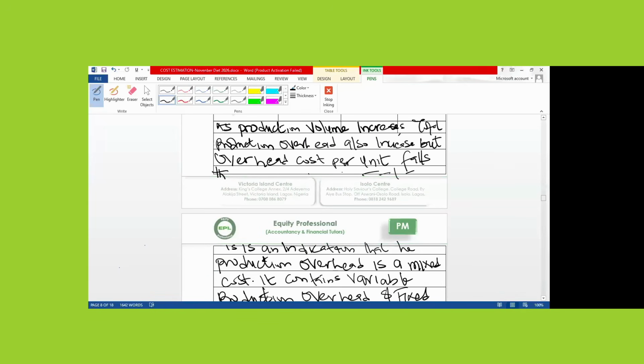That means most likely we are doing price discrimination, because a company's selling price will be the same. If you are buying bottled water, whether you buy in Lagos, the price is the same.